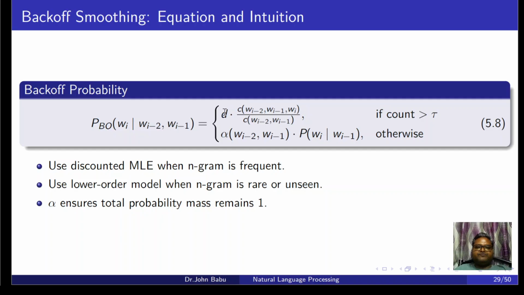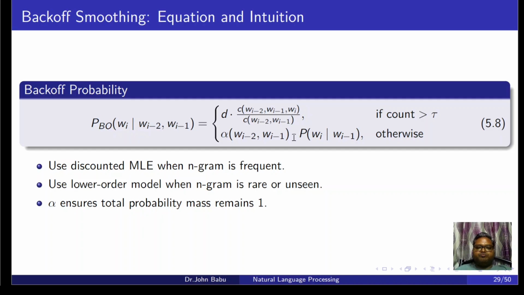This is a discounting factor because it is greater than the threshold. If it is less than a particular threshold, then use the lower order n-gram. So you use the probability of wi given wi minus 1, rather than wi given wi minus 1 and wi minus 2, multiplied by alpha to ensure that the sum of all the probabilities is equal to 1.